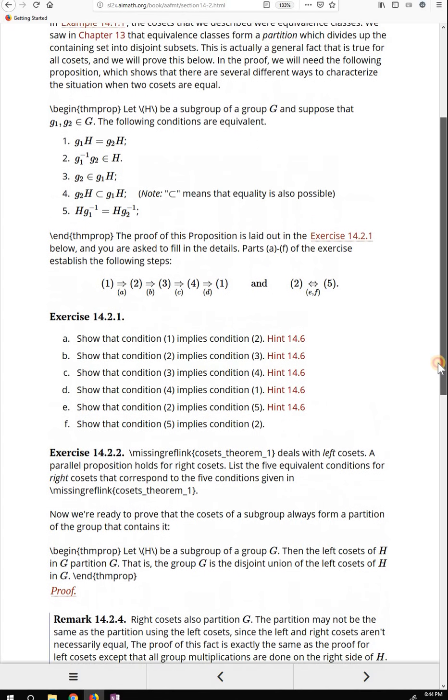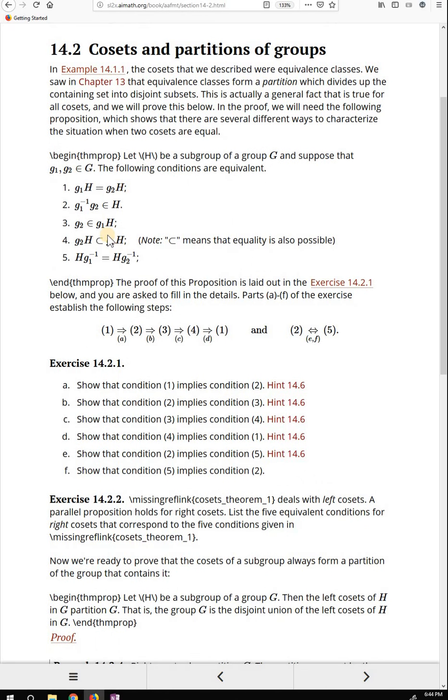All right. So we're going to use these facts to show that cosets form a partition. Now, some of these you can kind of see why. This basically says that if G1 and G2 are in the same coset, they create the same coset, and one can't be inside the other. So it's a whole separate thing that hangs together.